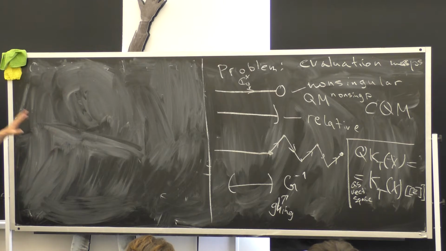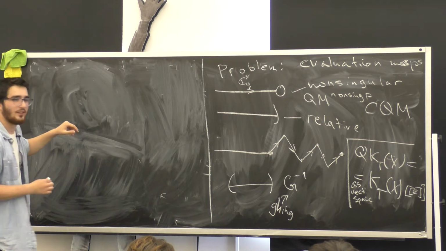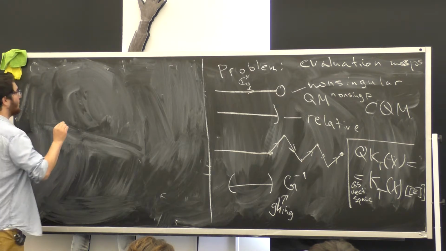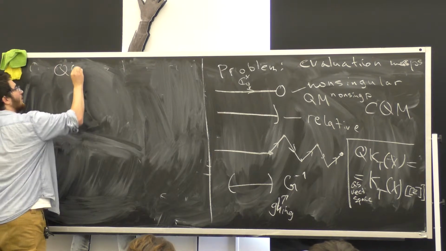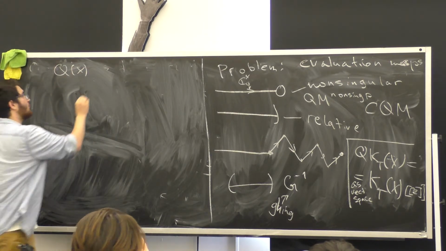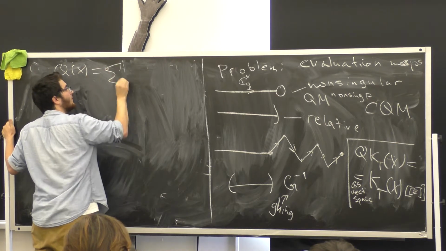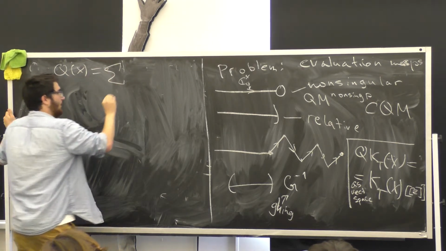Okay, I want to give the geometric definition. So Q of x is going to be the generating function for the following.